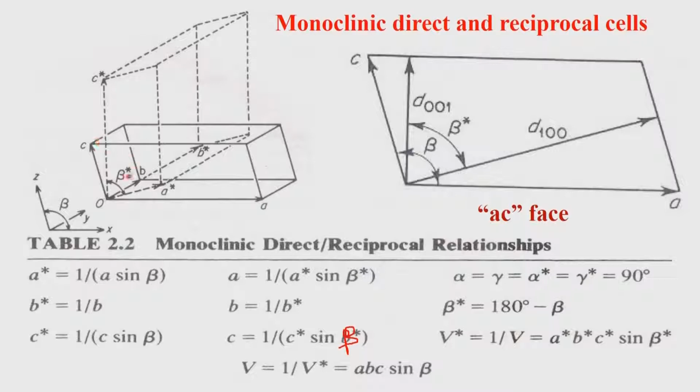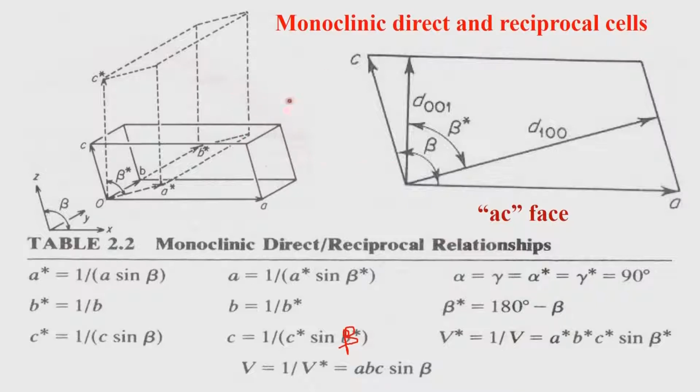So let me give you the values. The unit cell dimension A is 10, B is 5 and C is 12, okay, and the beta angle you take as 98 degrees. Calculate the volume. Now I want you to check whether the reciprocal lattice volume is smaller or larger.